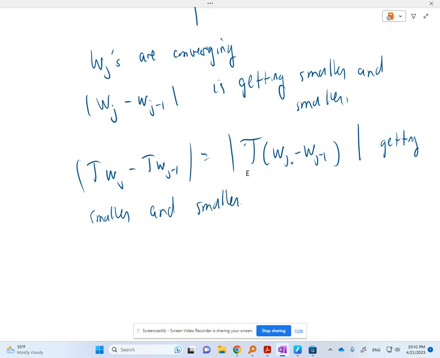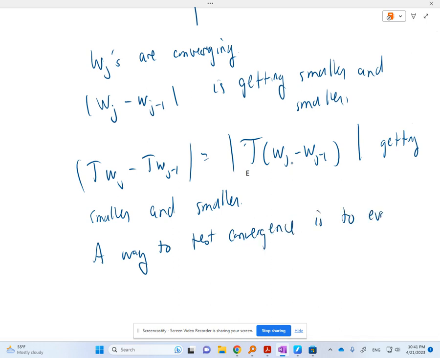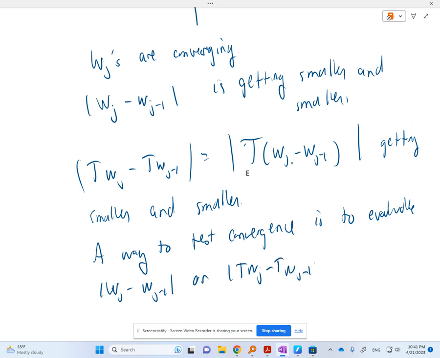Okay, so a way to test convergence is to evaluate this difference. You could either do Wj minus Wj minus 1 or T Wj minus T Wj minus 1, and see how small it gets.